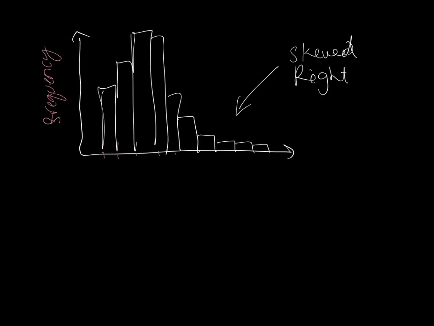I could have 15 of the same number, because it's this bar, and that's how many times that occurs. My median is still going to be the middle number, so it's still going to occur somewhere around here in the middle of where my hill is. That's my median still, just like it was on the symmetric histogram.